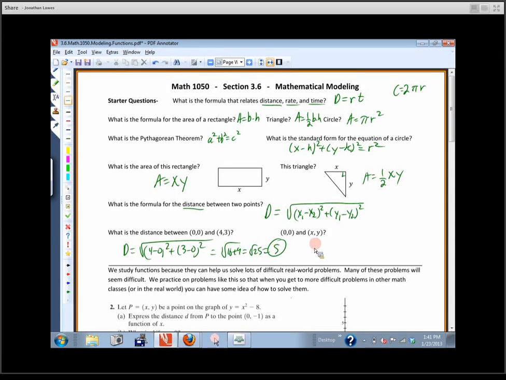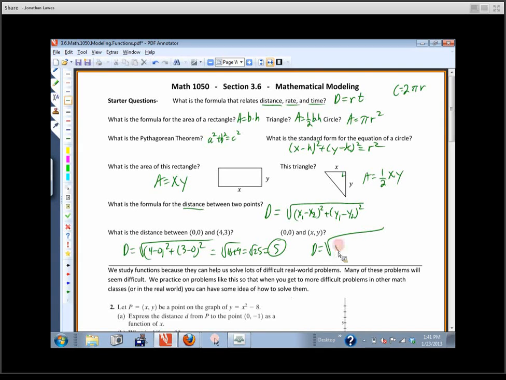Now look at this next problem. Tylin, you were quick with the last answer. Can you be quick with this one? How do I find the distance between 0, 0 and x, y? Close. Okay, so we're thinking ahead here. It's a big square root.